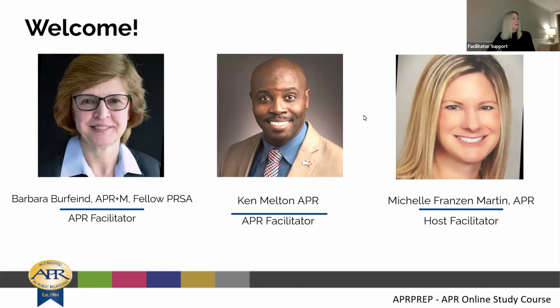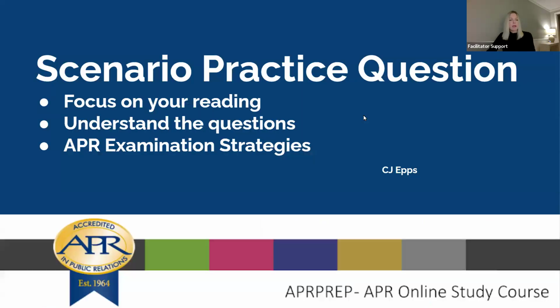We're going to jump into our first scenario practice question, and CJ will be reading both of the questions. When he does, think about the question, focus on what it is asking. What KSA is it? In this case, it's managing relationships. And think about some of those APR examination strategies that we always talk about.